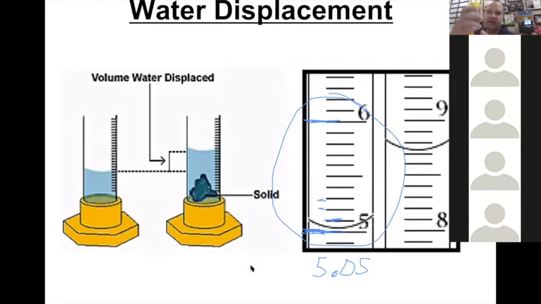Now, once I have water in there, I take my object and I put it down inside, and the water goes up. And we want to know, how much did it go up? If I look at the one on the right, that's going to be 8.1, 2, 3, 4, 5, 6, 7.